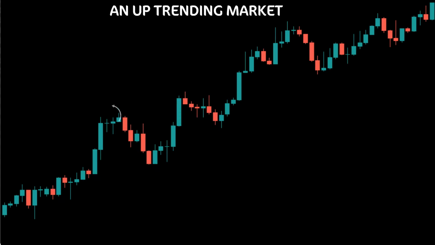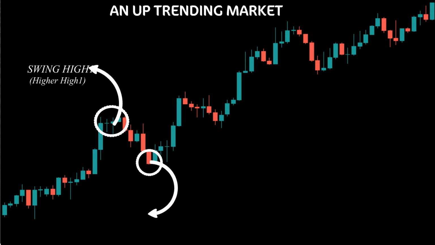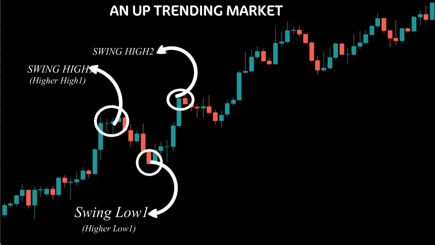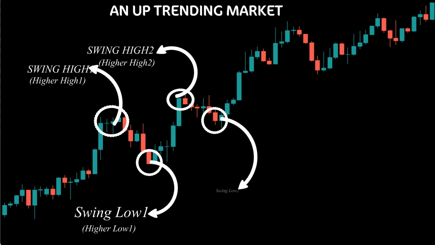The first swing point here is the swing high 1 or higher high 1. The second swing point is the swing low 1 or higher low 1. The third swing point is the swing high 2 or higher high 2, while the fourth swing point is known as the swing low 2 or higher low 2.